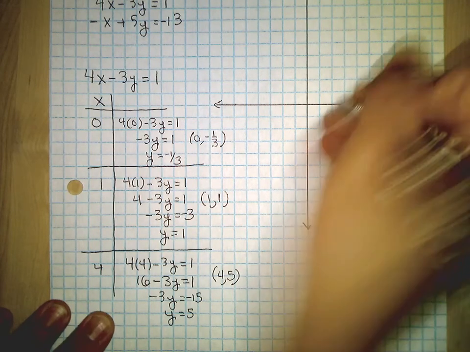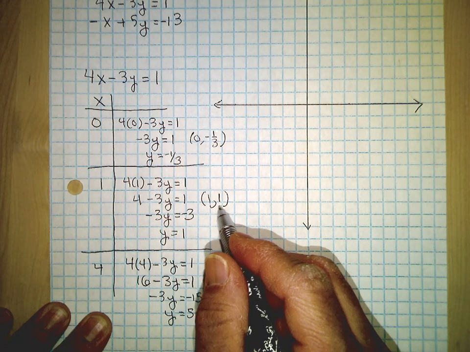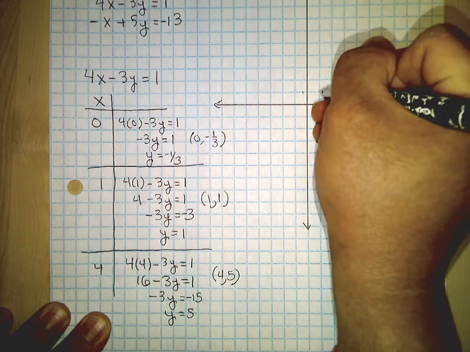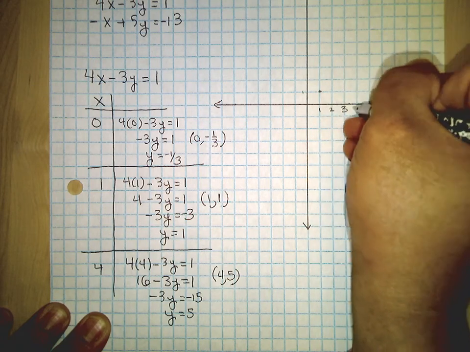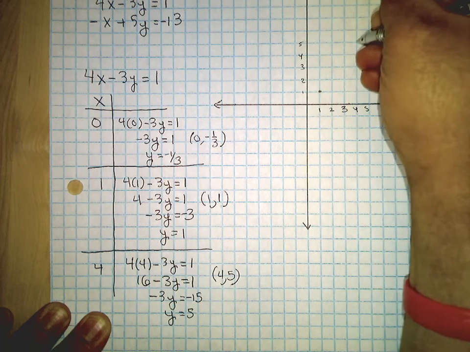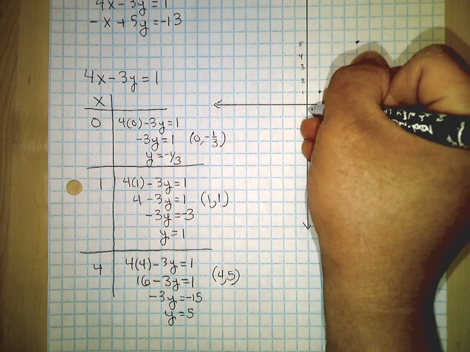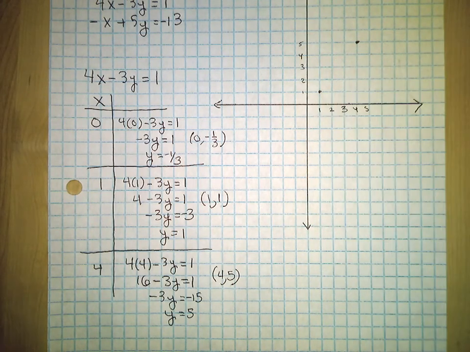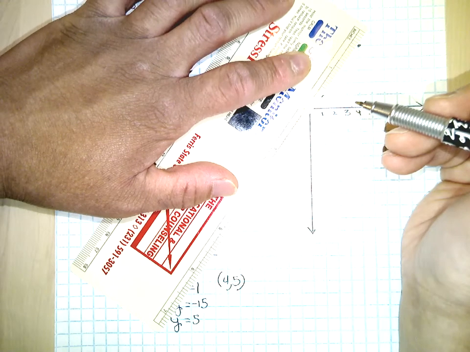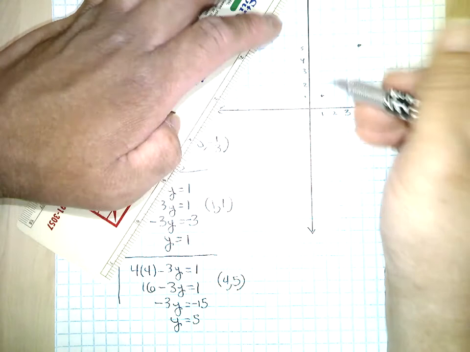So here we go. I'll just graph the whole numbers that we got here, 1, 1, and 4, 5. All right, so here is the line, and just try to, again, draw it as accurately as you can.